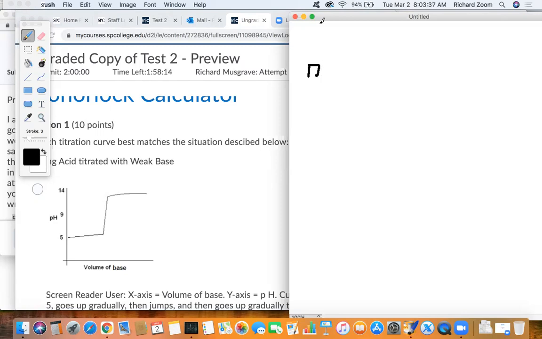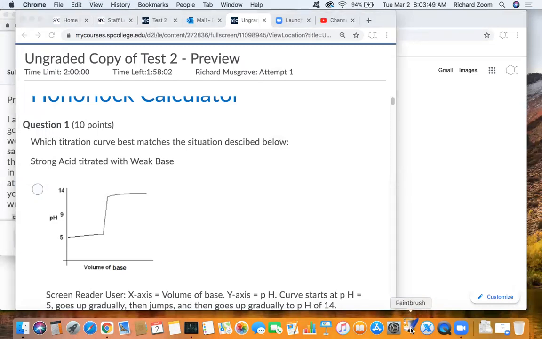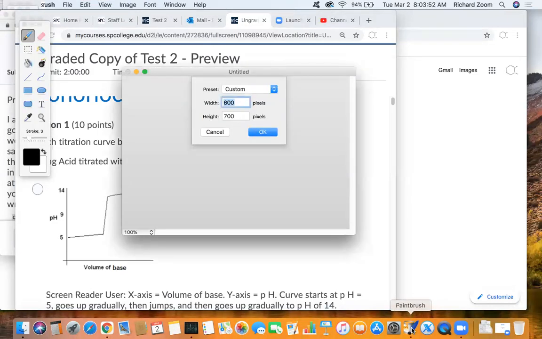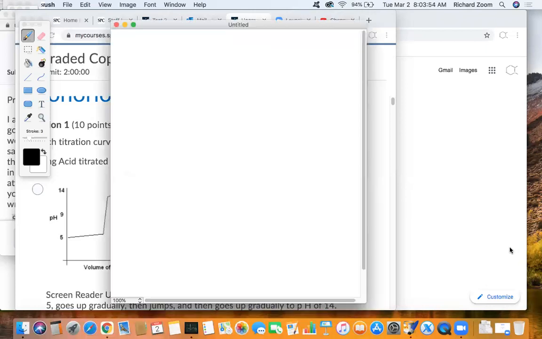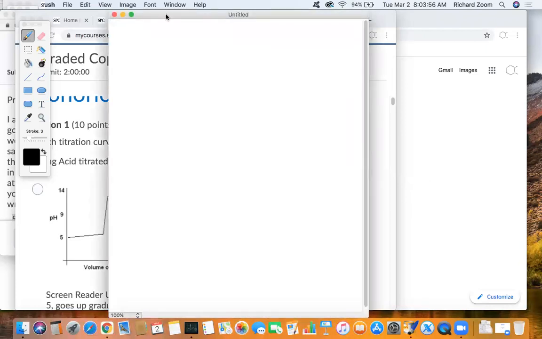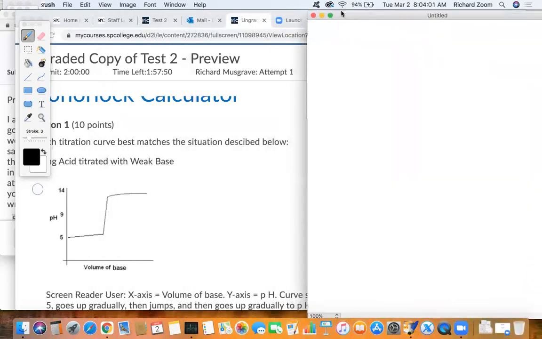I'll close that down and reopen it, and see if that helps. Okay, there it goes, better.